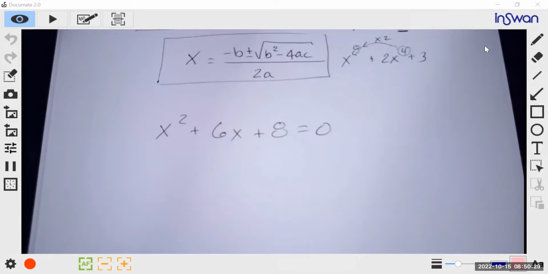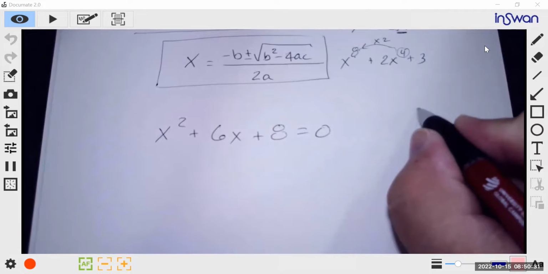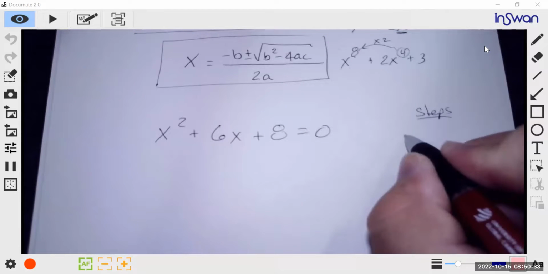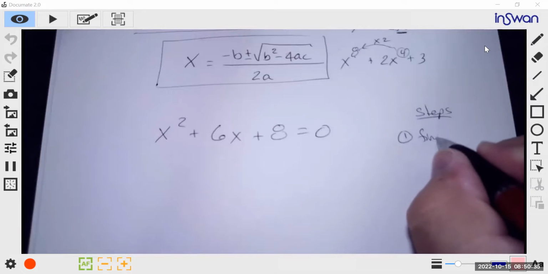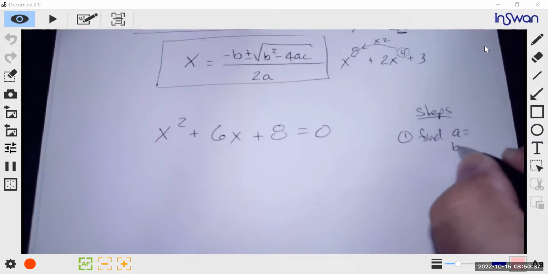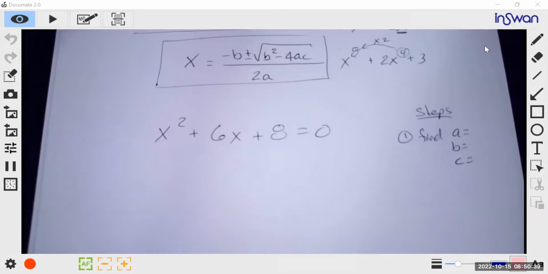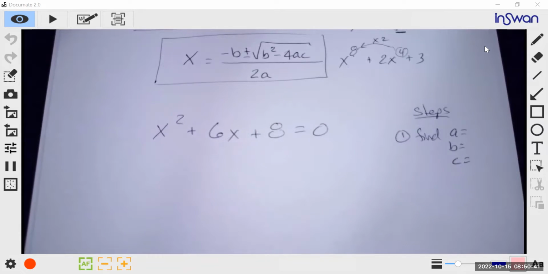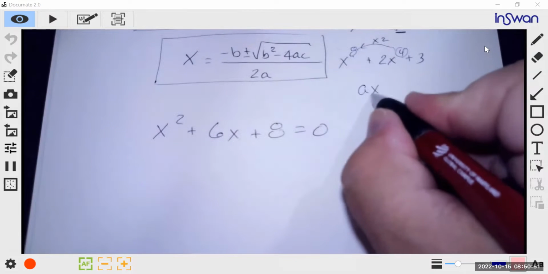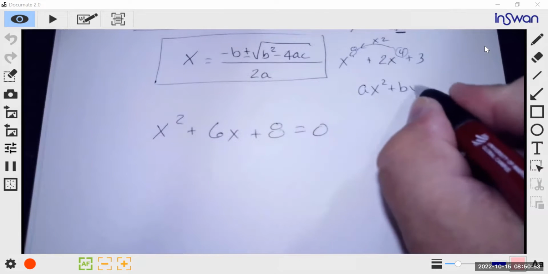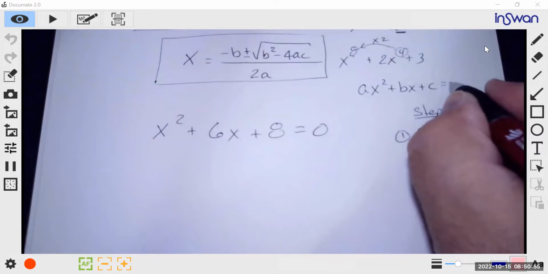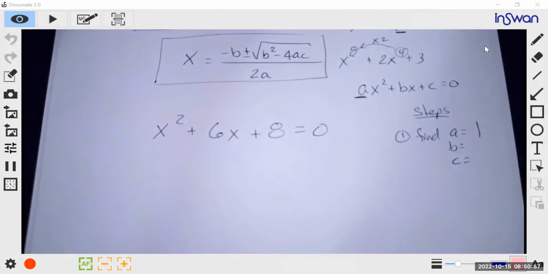But this one here, your steps here: find A, B, and C. So what is A? A is 1. Remember, A is the coefficient of your x squared term.